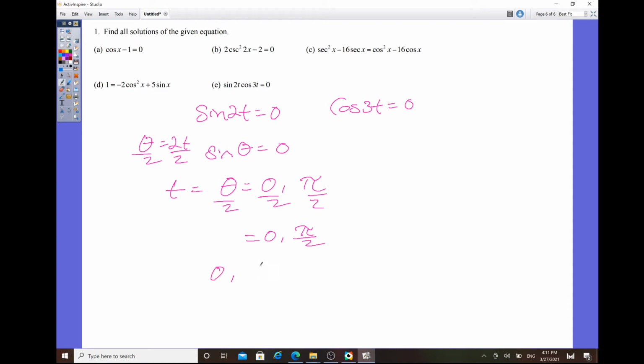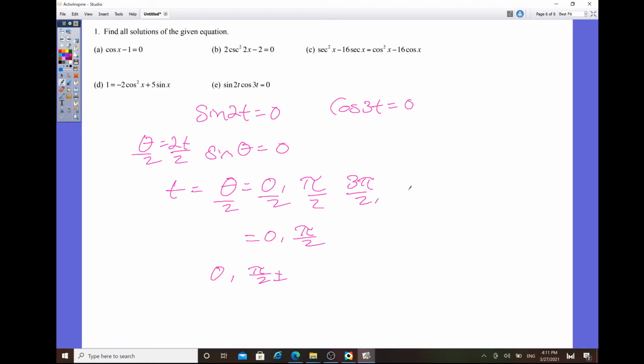What else? Could be pi over 2 plus minus, well, that's just one cycle. Okay, if you just go to the second cycle, then that'll be considered 3 pi over 2.